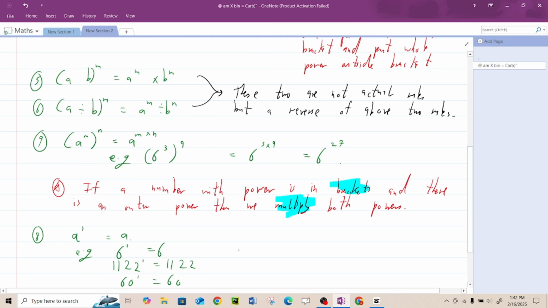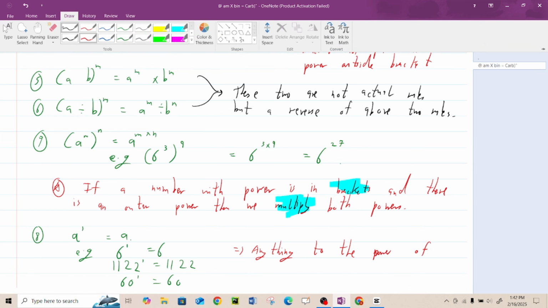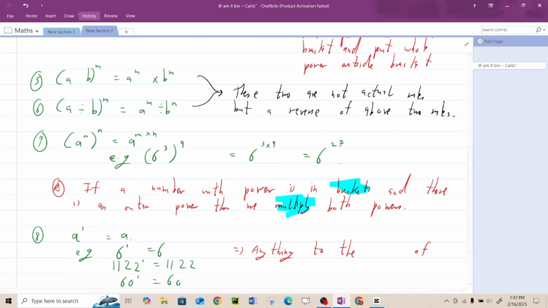Let's write that down as well: anything to the power of 1 is itself.